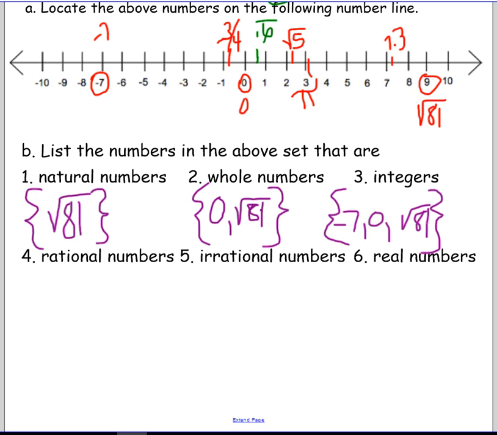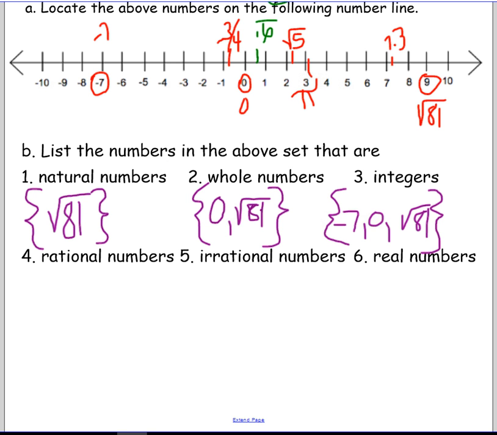And one thing that might be easier to do is to identify the irrational numbers, because remember, a number is either rational or irrational. And so if it's irrational, then it's not going to be included in the rational list, and your irrational list is going to be a lot smaller.